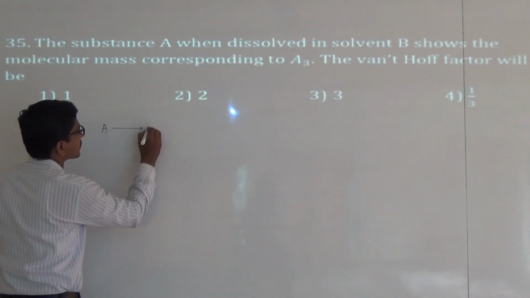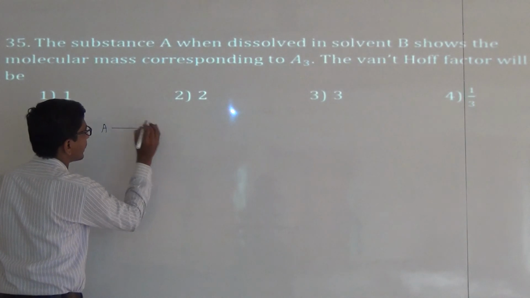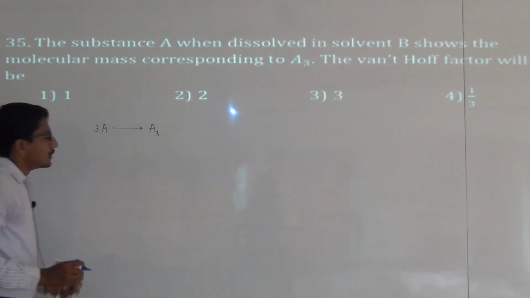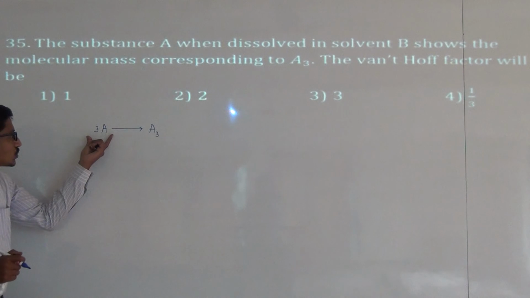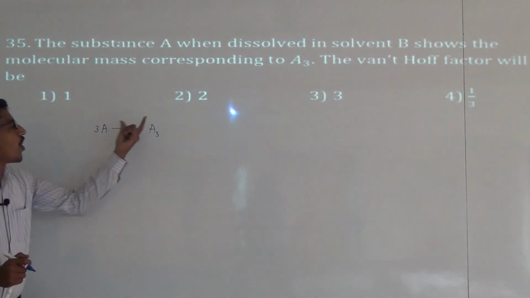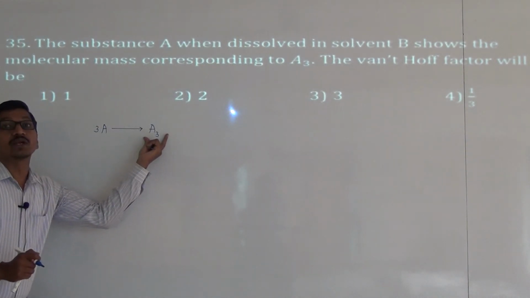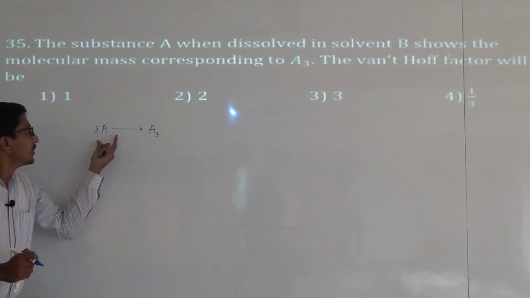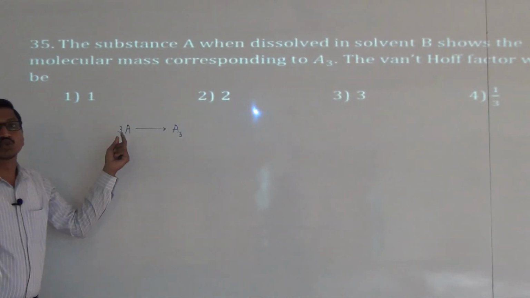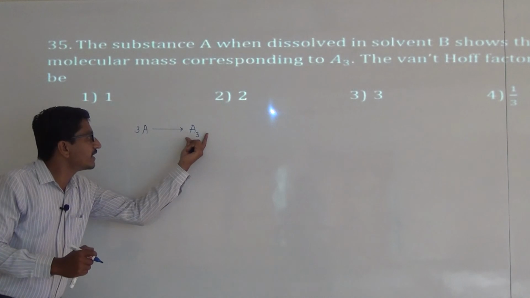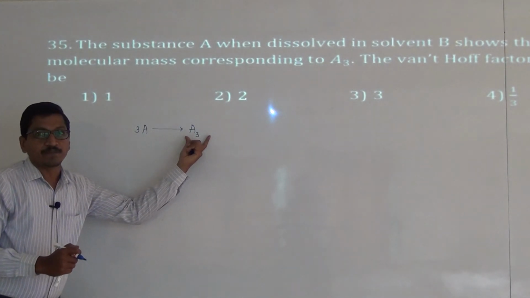A is converted into A3, that is 3 solute particles combine to form a single entity that is called a trimer.